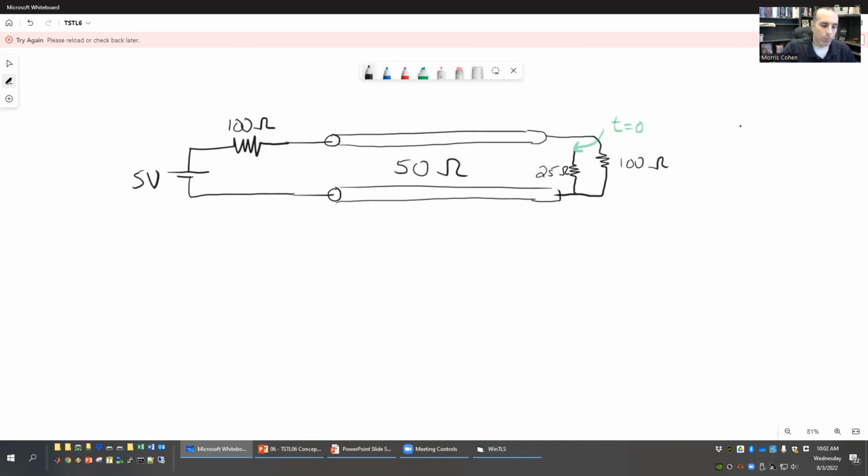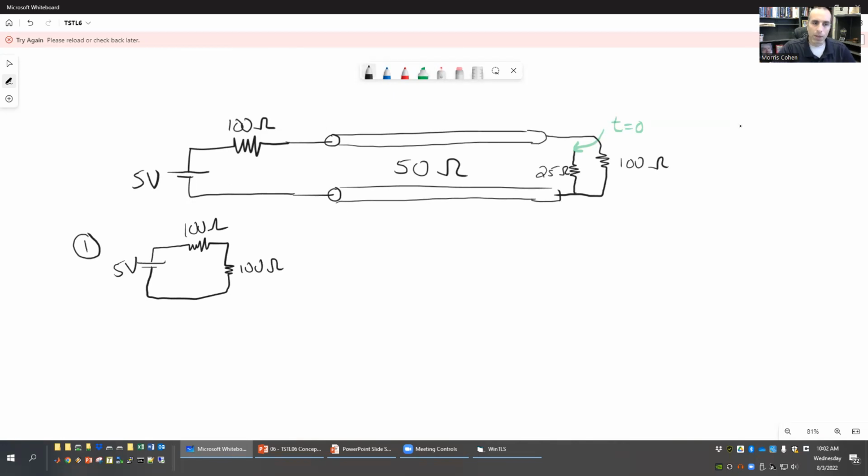Okay, so step 1 is determine the initial voltage and current on the load. For that, we're going to take a simple circuit: 5 volts, 100 ohms, and 100 ohms. We've got 5 volts, 100 ohms for the generator, and 100 ohms for the load before the switch is flipped.